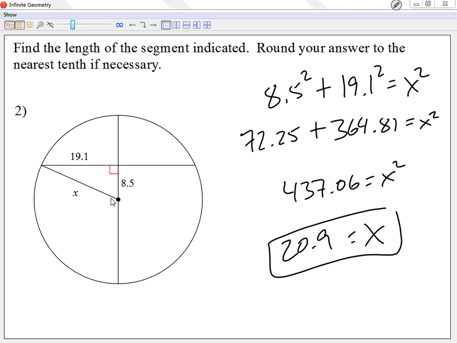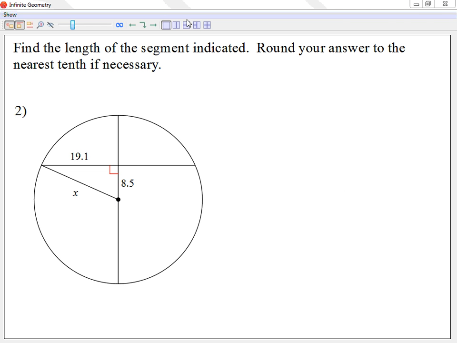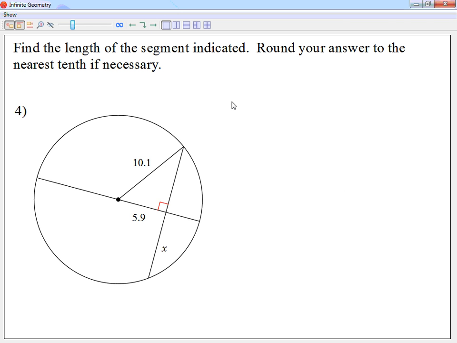Let me skip to number 4. So looking at number 4, I have that this side is 10.1, this short side is 5.9, and this other side I know is x, because remember my chord gets cut in half, so I know that side is x.